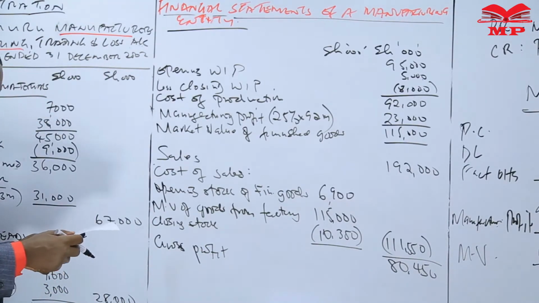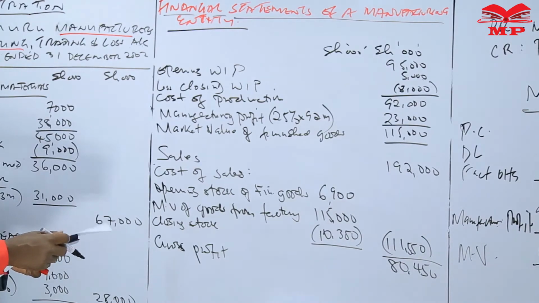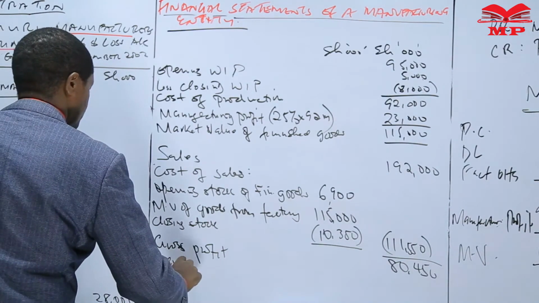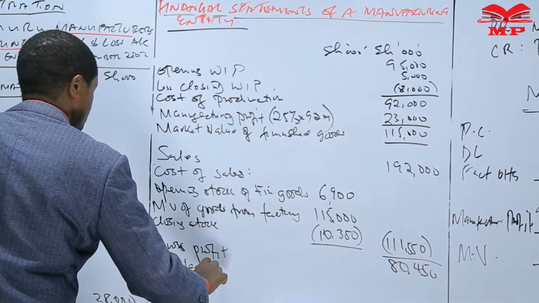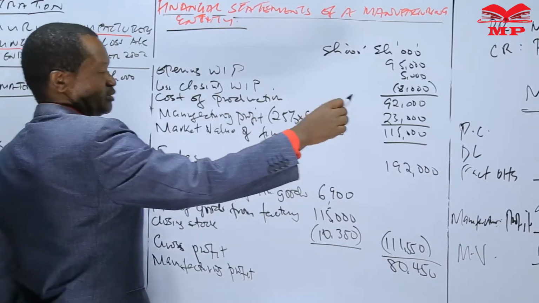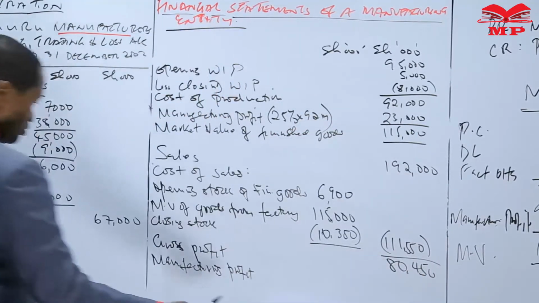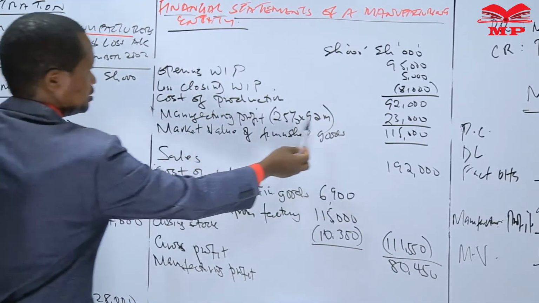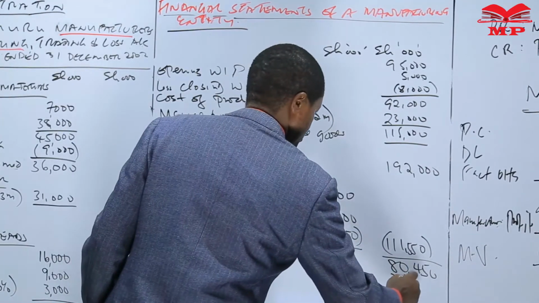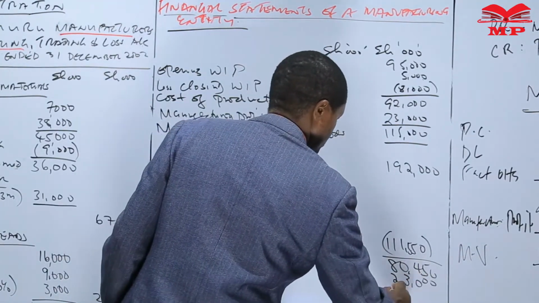Then we add other incomes like the manufacturing profit. This manufacturing profit, this one here of 23 million. Add 23 million.